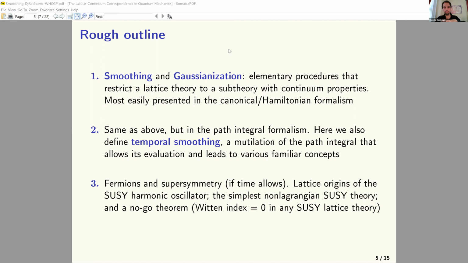So that's part one. And then in part two, I will describe how to do the same thing in the path integral formalism. Except there, of course, there's also the time direction, and I will have the ability to also perform the smoothing procedure, which I will explain, along that temporal direction as well.